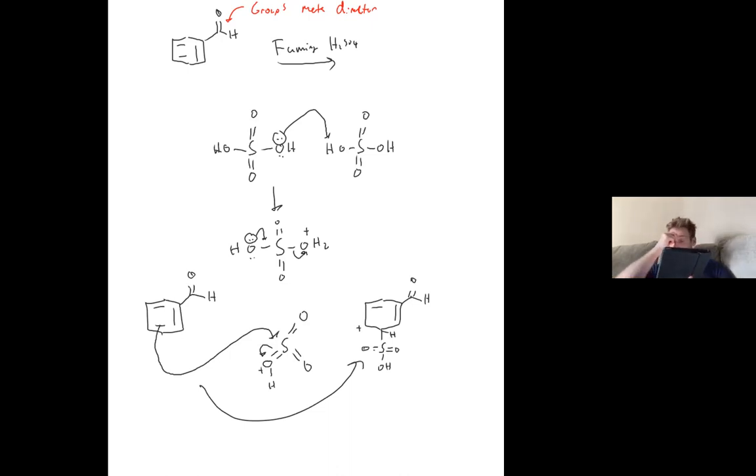In our very first step up here, we generated HSO4 minus. So we can grab this proton with that base we made. It'll cause us to re-aromatize and give us our product.